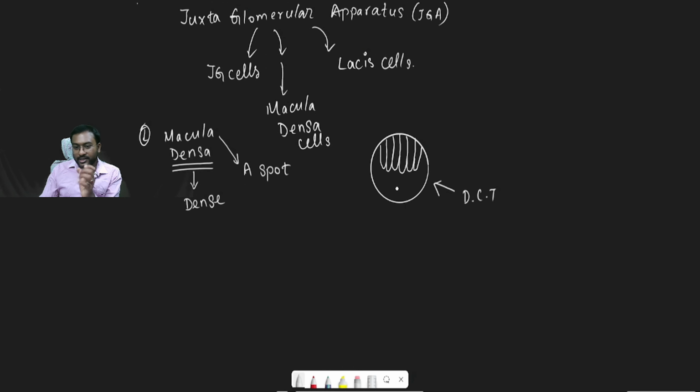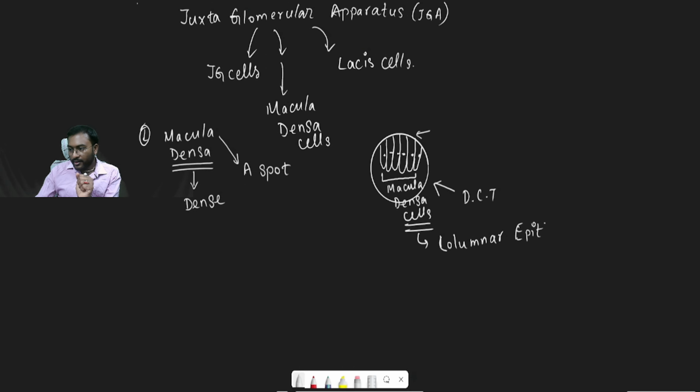So this is the DCT part, the distal convoluted tubule, in which some specialized cells are already present this way. So this type of cell is known as the macula densa cell. Okay, so nature of the cells, we can say that this is known as the columnar epithelial cell.